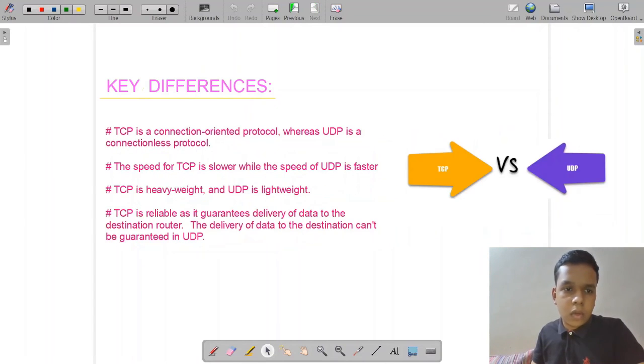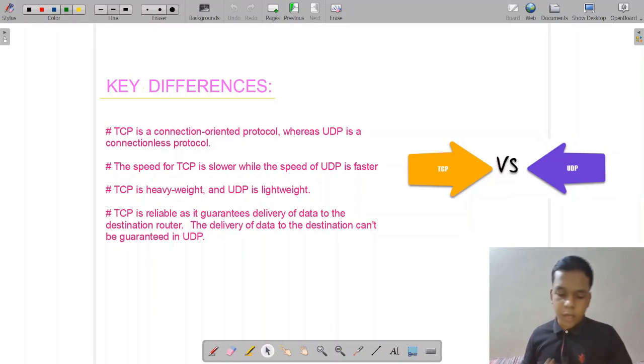In order to conclude, we have the key differences between the TCP and the UDP model. Basically, TCP is a communication protocol using which data is transmitted between systems over the network. In TCP, the data is transmitted in the form of packets, and it includes error checking, it includes the guarantee of delivery, and it preserves the order of the data packets.